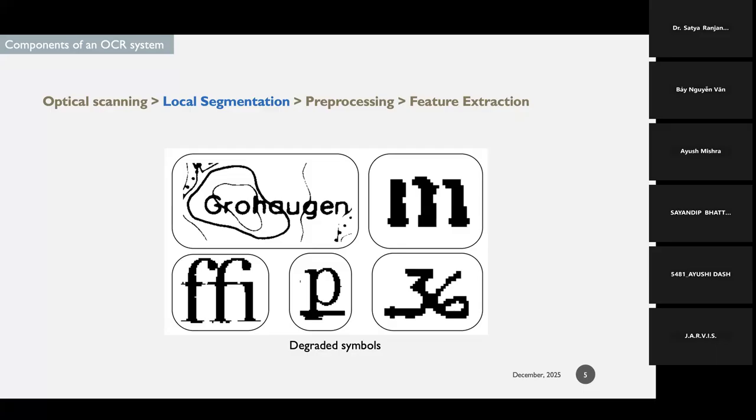For instance, when performing automatic mail sorting, an address must be located and separated from other print on the envelope, like stamps or company logos, prior to recognition. Applied to text, segmentation is the isolation of characters and words, and the OCR algorithm segments the word into isolated characters which are recognized individually.